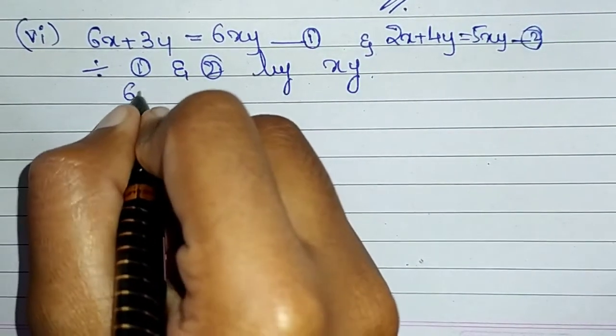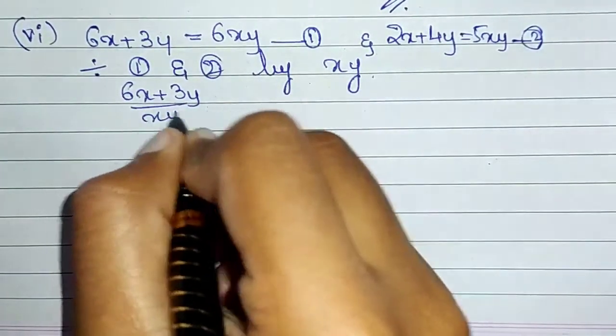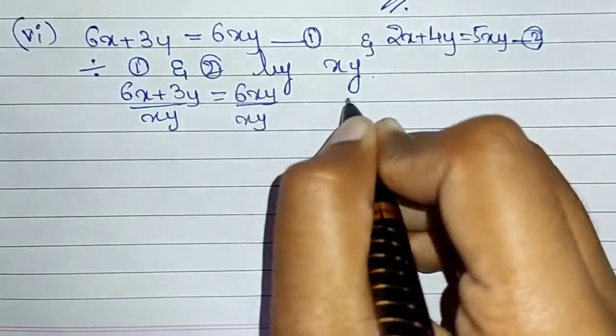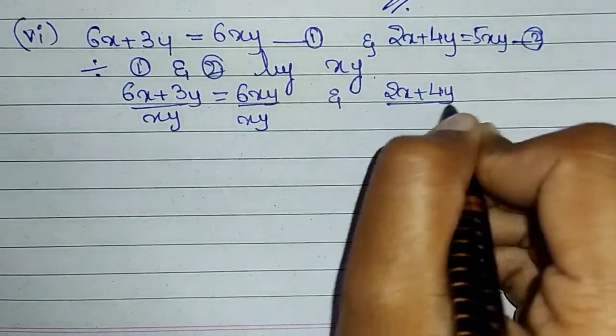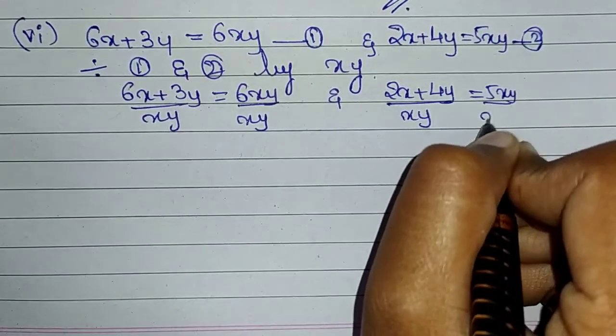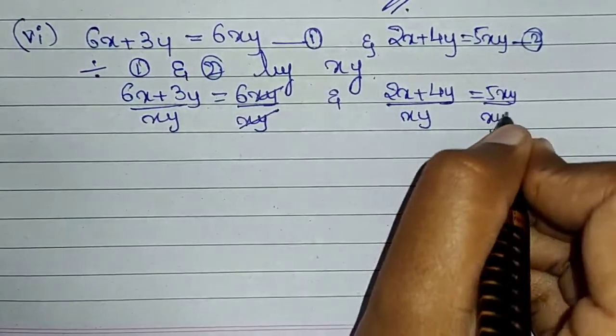What we get here, (6x plus 3y) by xy is equal to 6xy by xy, and (2x plus 4y) by xy is equal to 5xy by xy. So once again, xy cancels each other.